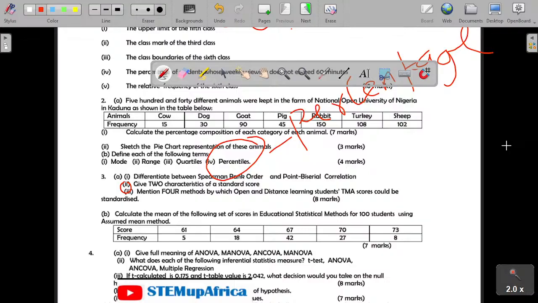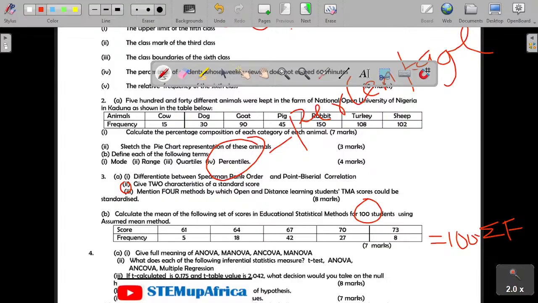Like I said, if you add 5, 18, 42, 27, and 8 together, it will give you the 100 you have here, which represents your summation F, or total frequency. That is how you know whether the number he gave you is correct. In examination conditions, make sure you add up to be sure it is 100.